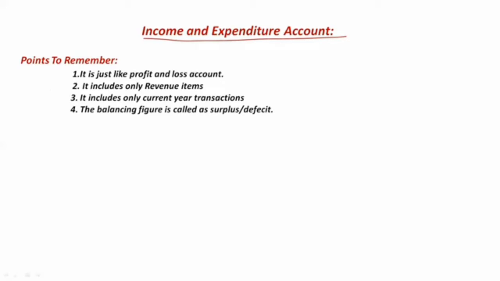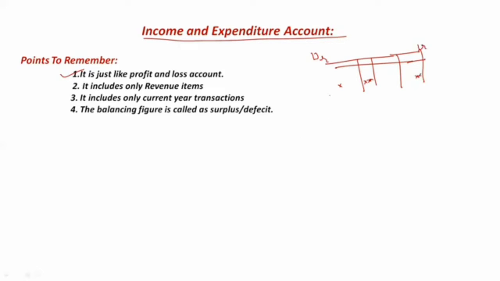First point is, it is just like a profit and loss account. As I already told you how we prepare profit and loss account for a business organization, similarly we prepare income and expenditure account for a non-profit organization. When we prepare profit and loss account, if we get the balancing figure on the debit side, we treat it as profit, and if we get it on the credit side, we treat it as loss.